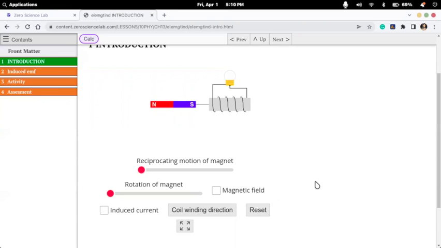So whenever you want to make any object rotate, the requirement is a couple of forces, not a single force. Remember this, it is very useful in mechanics also. If any object is in rotation, there must be two forces acting.